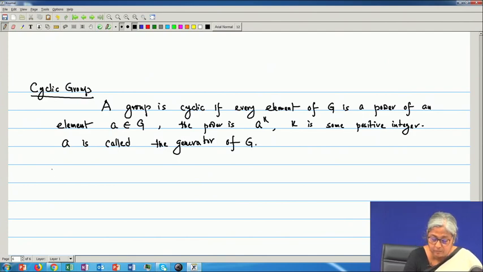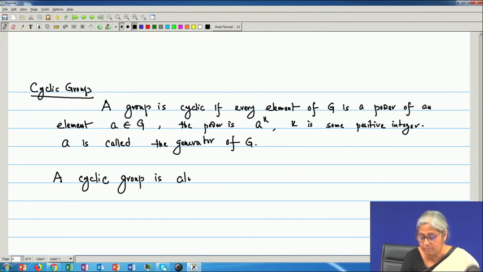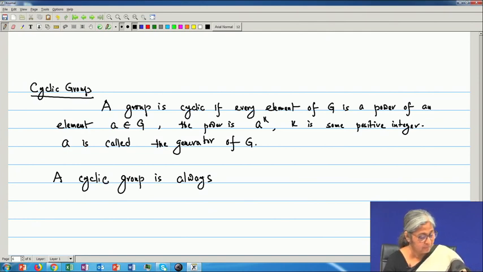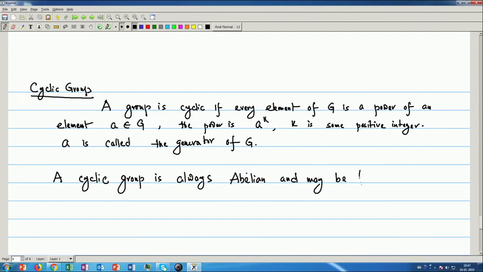Now, a property of a cyclic group, which we have already seen for monoid, is the same here also: a cyclic group is always commutative in nature, and may be finite or infinite.